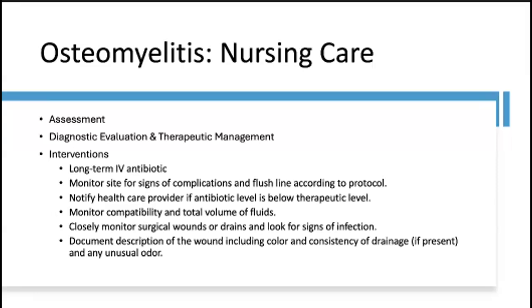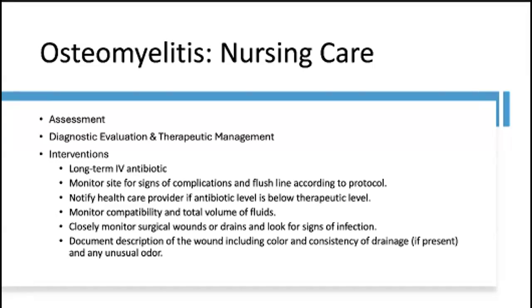Therapeutic management: IV antibiotics, and it's usually long-term, high-dose IV antibiotics through a central line or a PICC line. Early and aggressive therapy really helps prevent chronic infection, growth disturbances, and functional impairments.